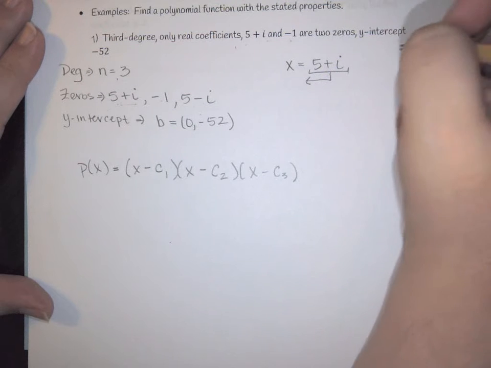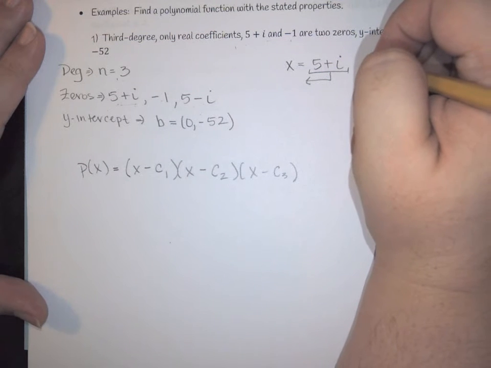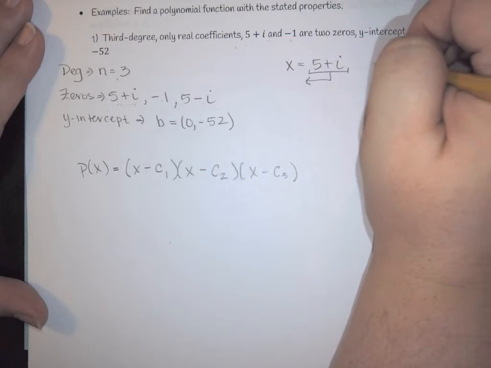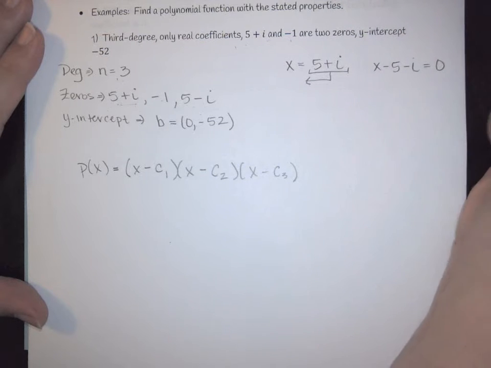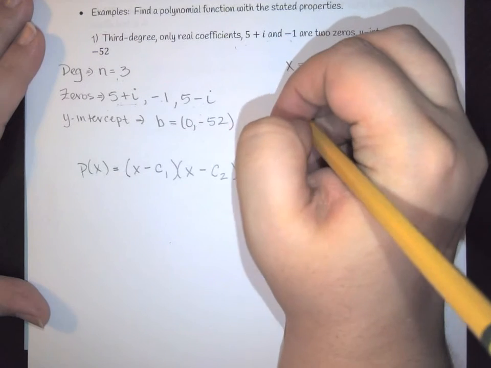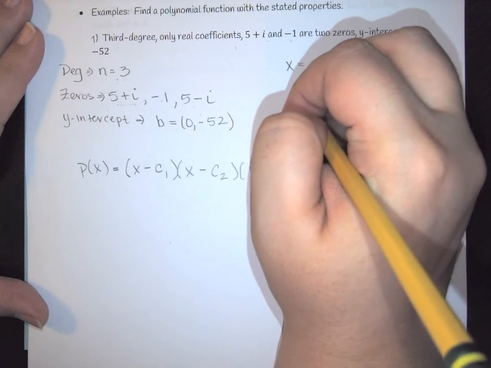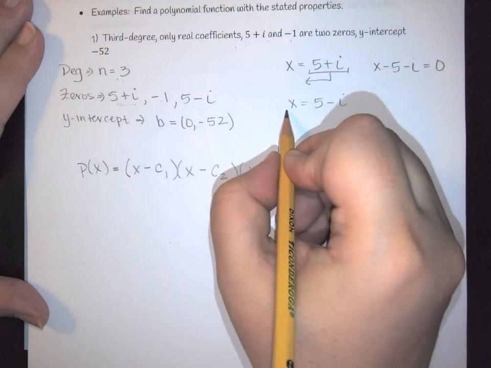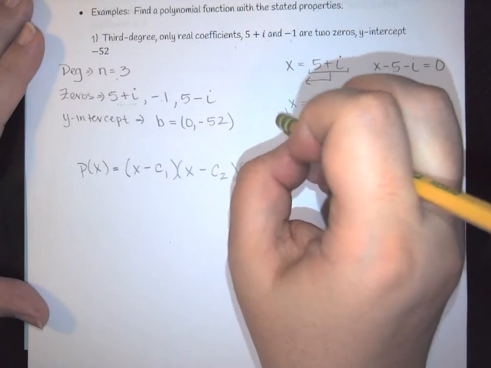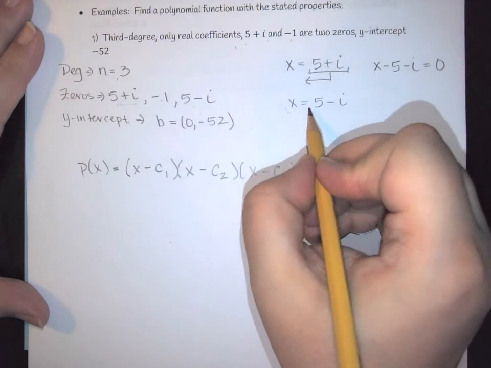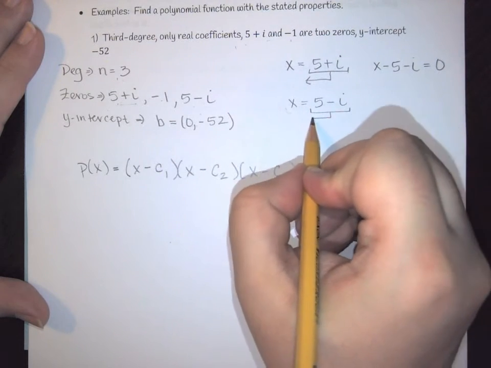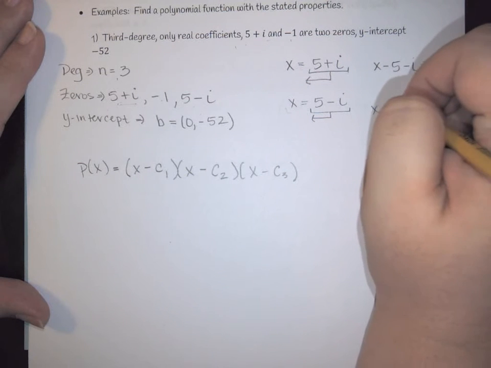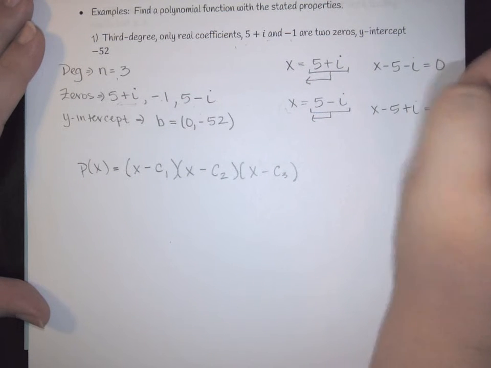So this means we're going to end up with x minus 5 minus i equals 0. We have to do the same for the second, so x equals 5 minus i. Again, we're going to move everything over, so we end up with x minus 5 plus i equals 0.